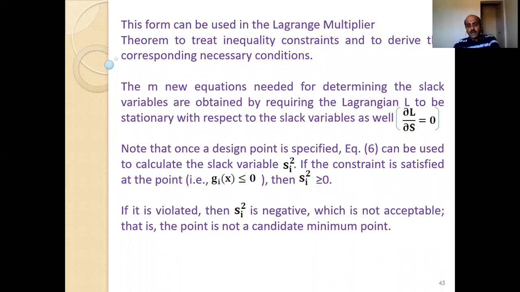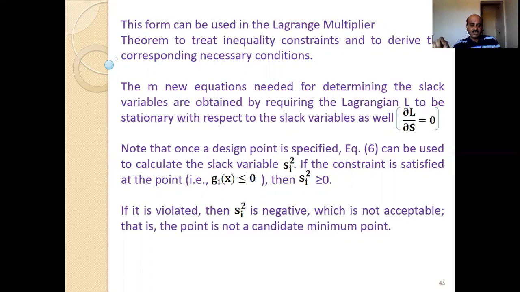If we specify one point, we can determine Si square by using equation 6. Once you get the value of Si square, if the constraint is satisfied at that point, which means Gi of x is less than or equal to 0, then the value of Si square should be greater than or equal to 0.